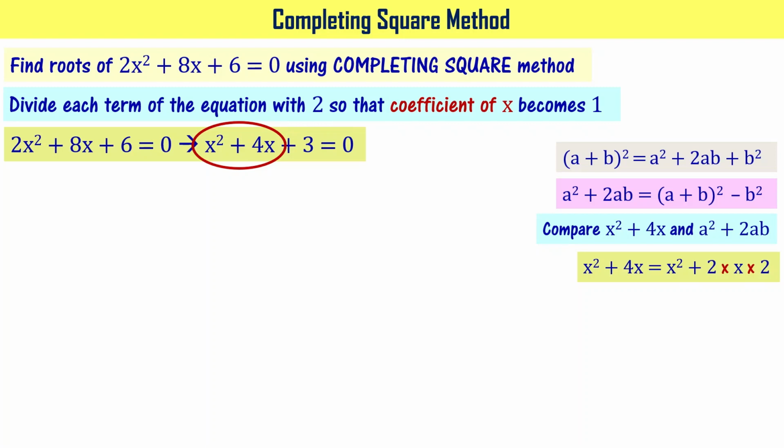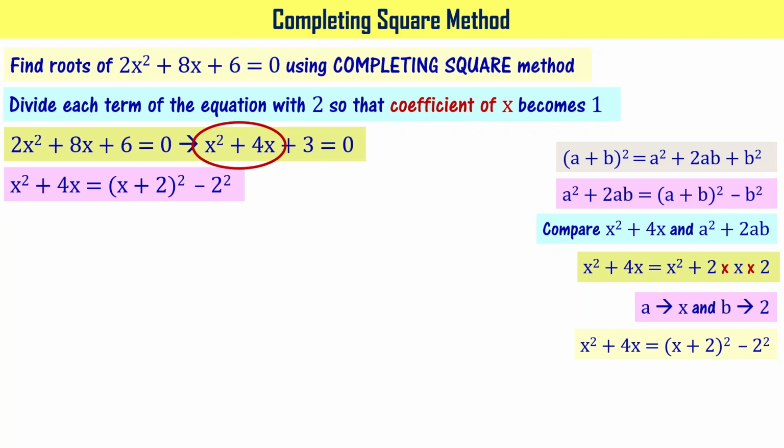So x square plus 4x becomes now x square plus 2 times x times 2, right? Now you compare this with a square plus 2ab. When you do that, you can say that a equal to x and b equal to 2, right? Now we can write x square plus 4x as x plus 2 whole square minus 2 square, right? Let's take a note of this.